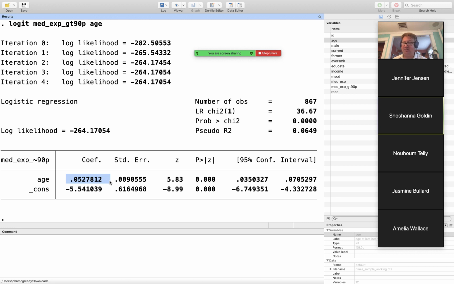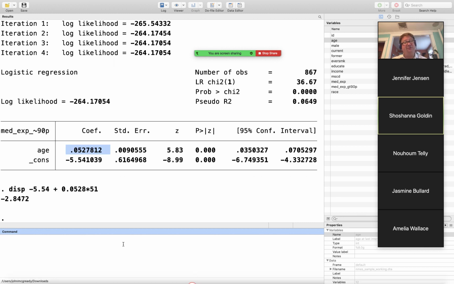Does that make sense? So if I'm looking at 51-year-olds, then my estimated log odds for that group is negative 5.54 plus 0.0528, if you're okay with the rounding, times 51. So that's just plugging 51 into the equation and seeing what we get.